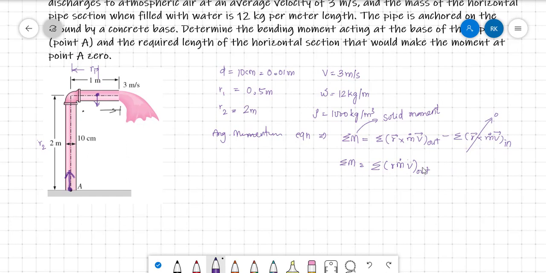So here summation of moments, let me say I am considering this resisting moment is in this way, and I am saying that MA. So what are the solid moments that are acting? So MA, the resisting moment, is acting.